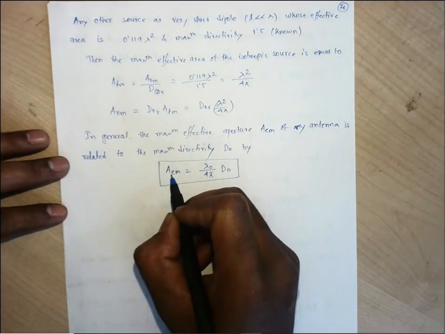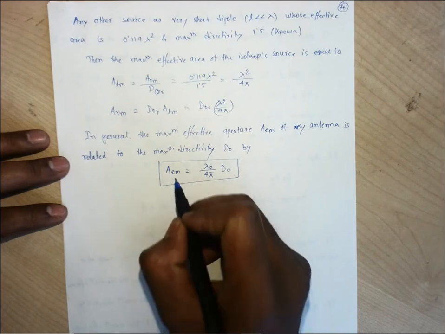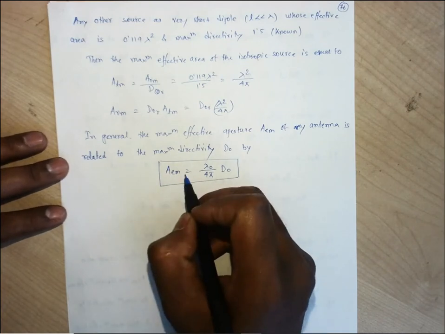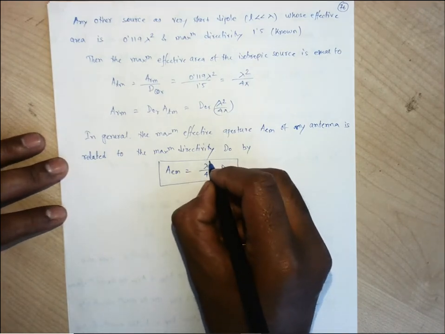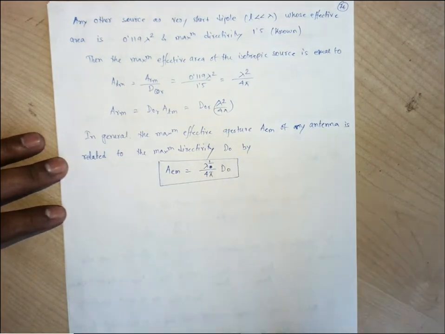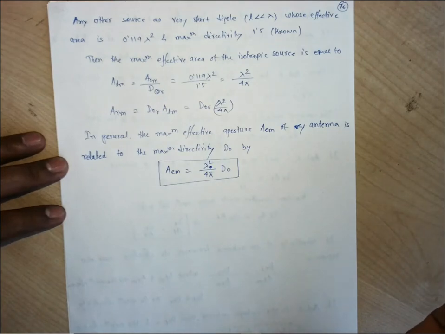So the effective area of any other source is equal to lambda naught by lambda, it is lambda square by 4 pi into D naught. Okay, so what is that?